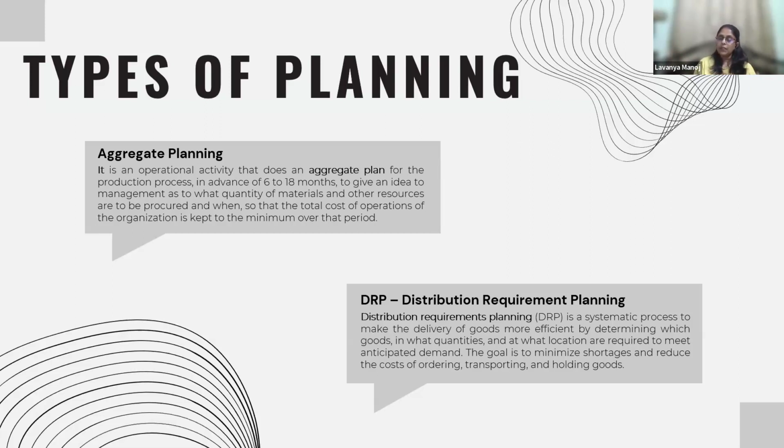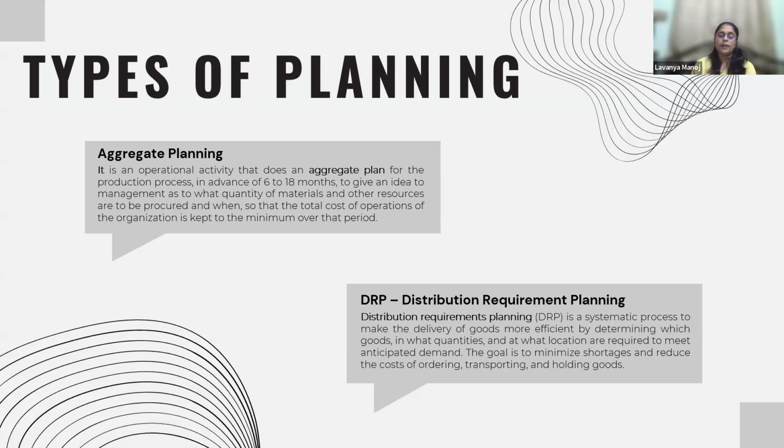If needed, they can take in more employees in advance so that they get enough training before the actual process starts. So this is the aggregate plan: planning in advance and informing the top management about what you are planning to achieve.